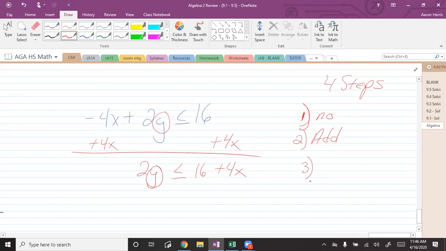Divide. Yes. By 2. y is protected. It gets left alone. So just the 2. If I do it to one side, I must do the other. So what comes down?